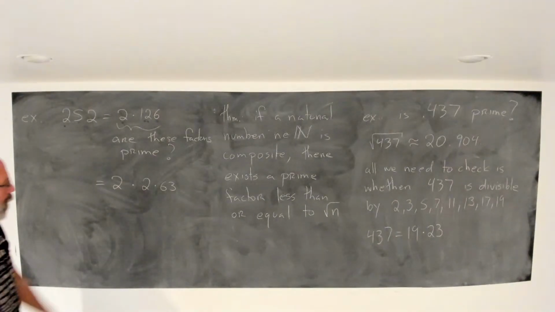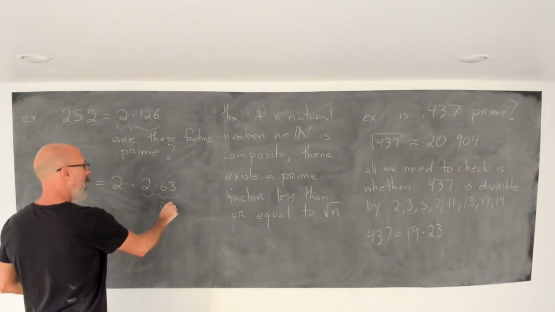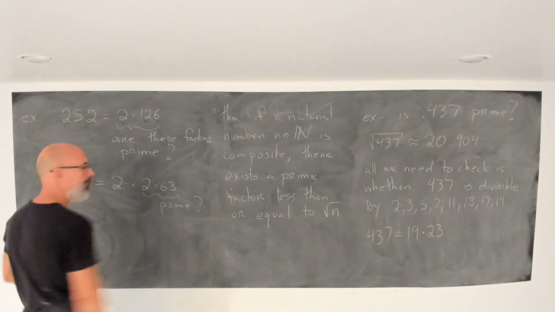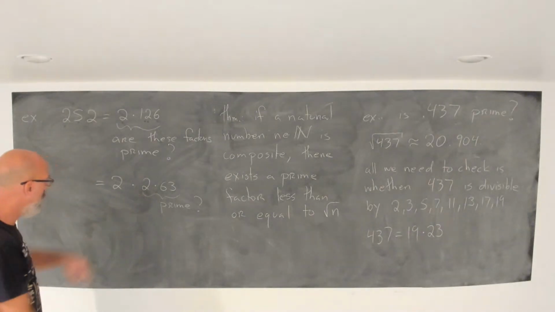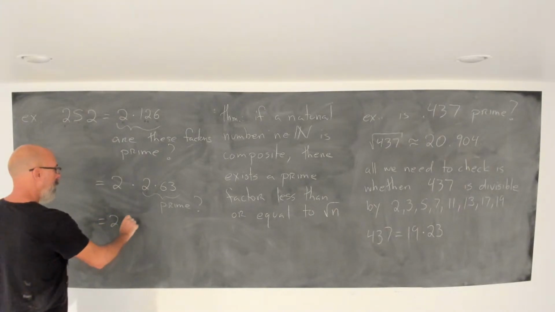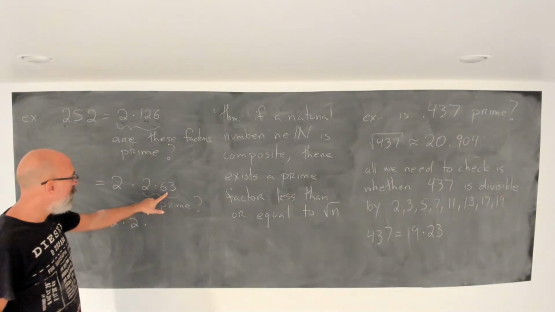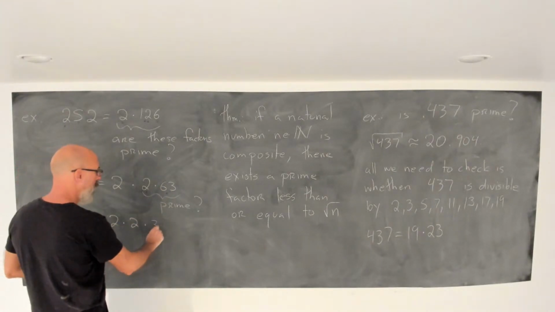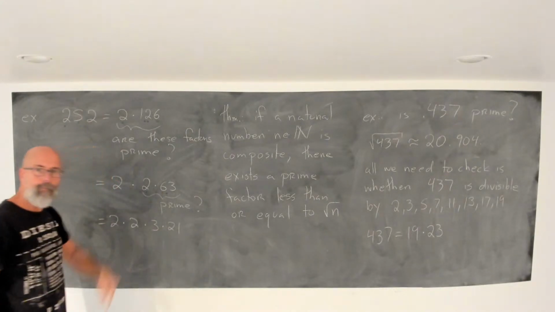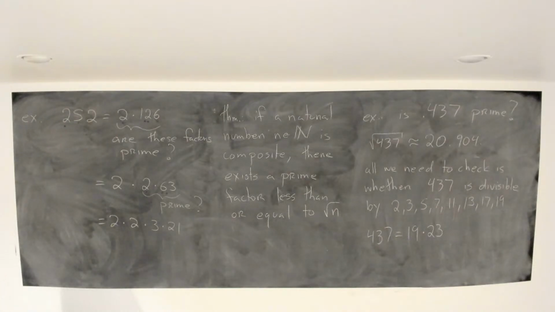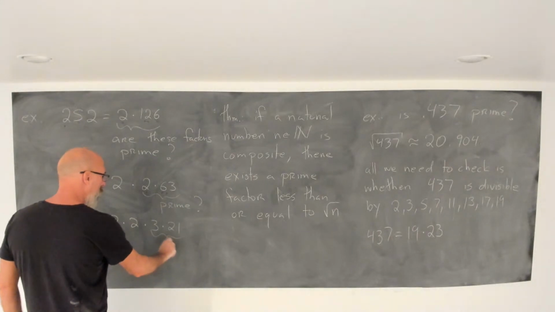And repeat, are these factors prime? Well, 2 again is prime, so we'll leave it. 63, as suggested, is divisible by 3. This is 3 times 21. And repeat, are these factors prime?